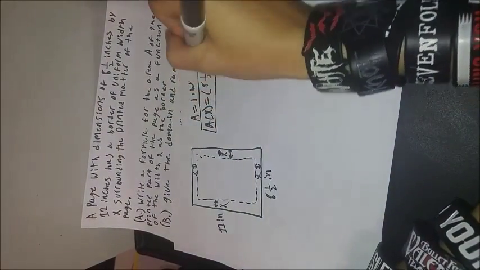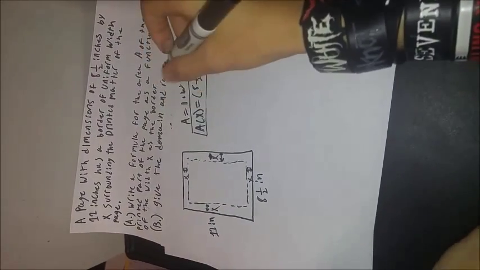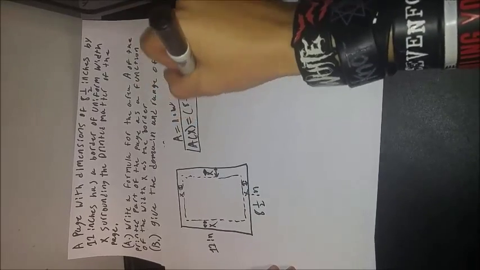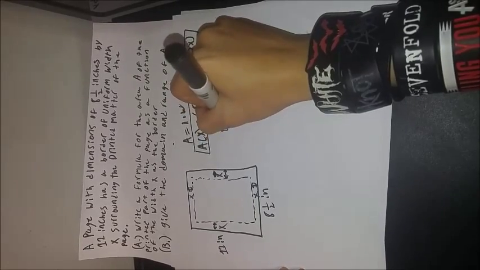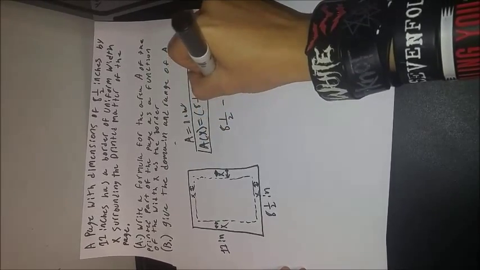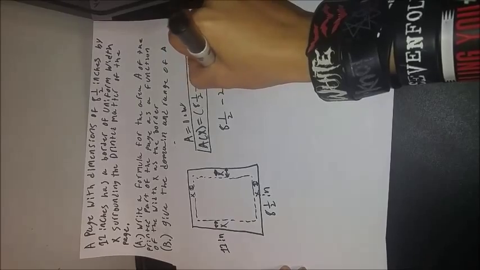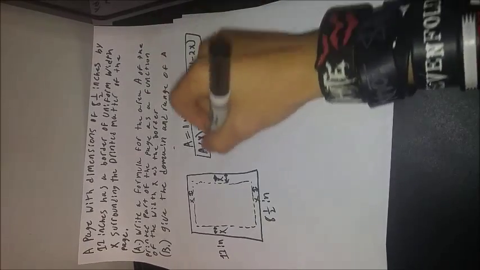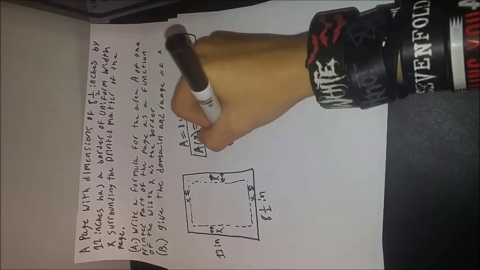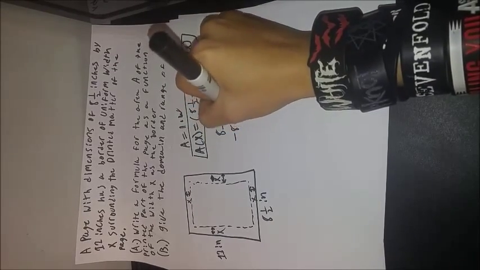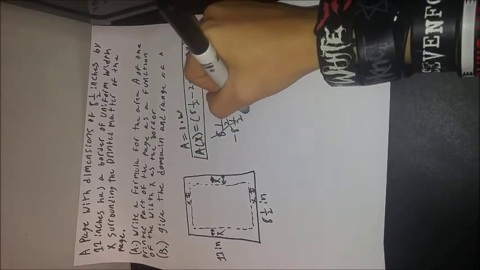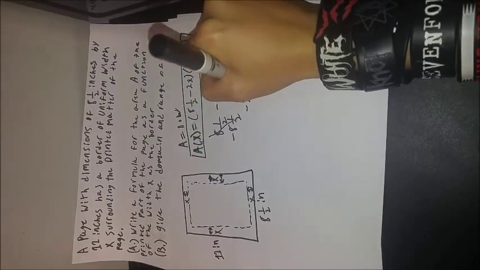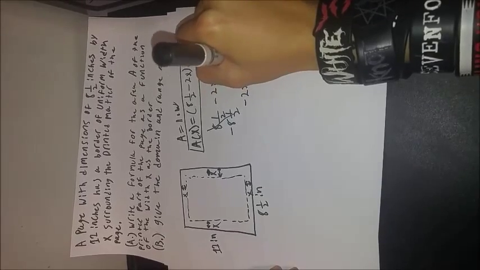Part B is asking for the domain and range of this function. So how we get the domain and range is that we write out 8.5 minus 2x, and then we add a 0 at the end. So then we subtract 8.5 on both sides. 8.5 minus 8.5 cancels out, and that would be negative 2x equals negative 8.5.